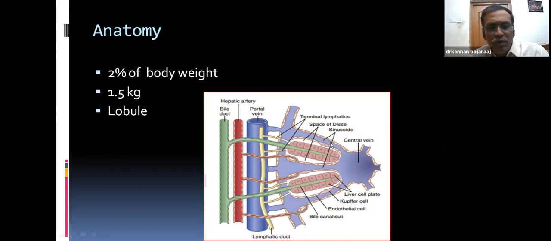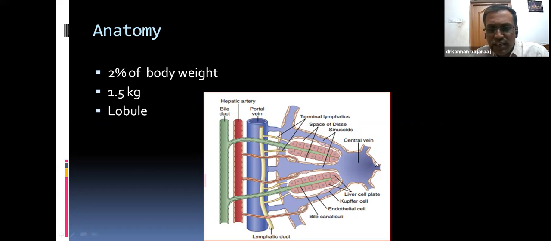What you are seeing in this picture is the liver lobule. We can go through it one by one, which is most important from our anesthetic point of view. We have to understand the physiological anatomy of this liver lobule. I hope you can follow me.